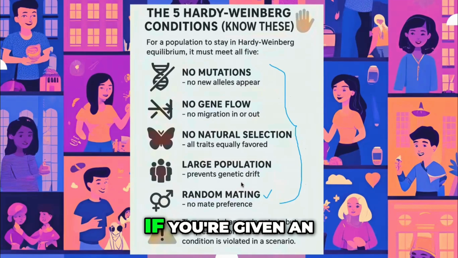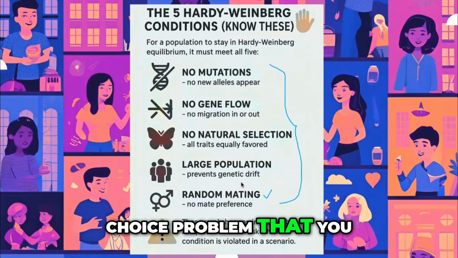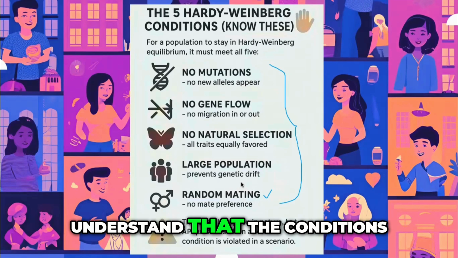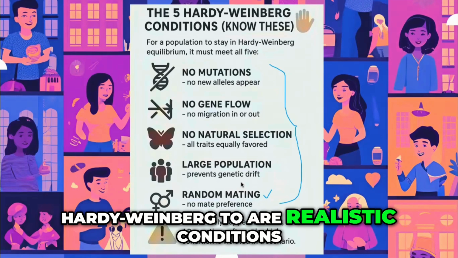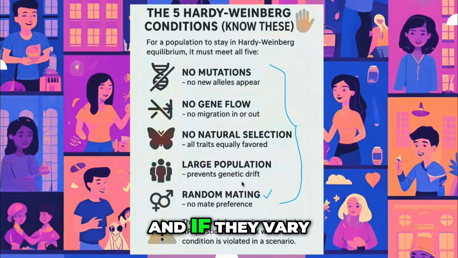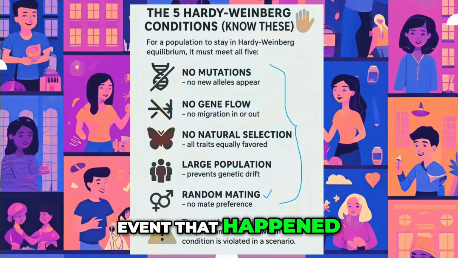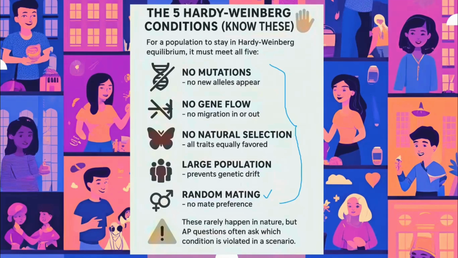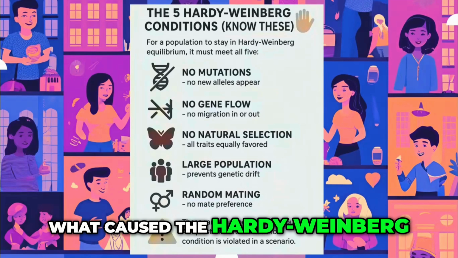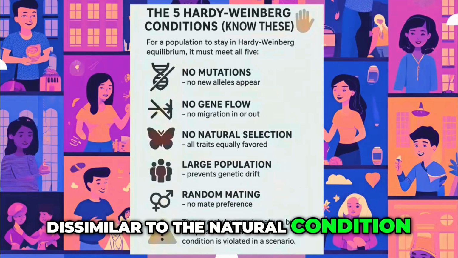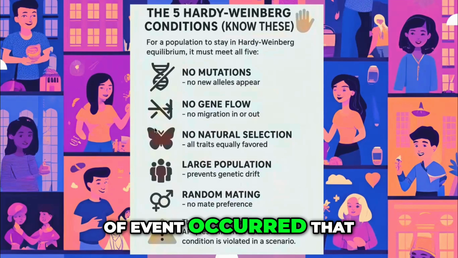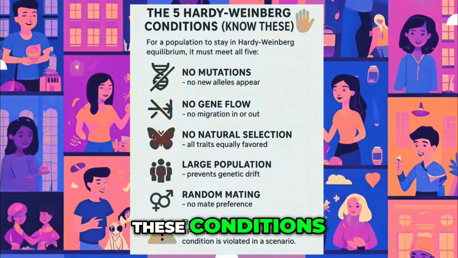The goal is, if you're given an FRQ or a multiple choice problem, that you understand that the conditions you're comparing the Hardy-Weinberg to are realistic conditions, and if they vary, then you know that some sort of event happened. That's what caused the Hardy-Weinberg numbers to be so dissimilar to the natural condition: some sort of event occurred that is against one of these conditions.